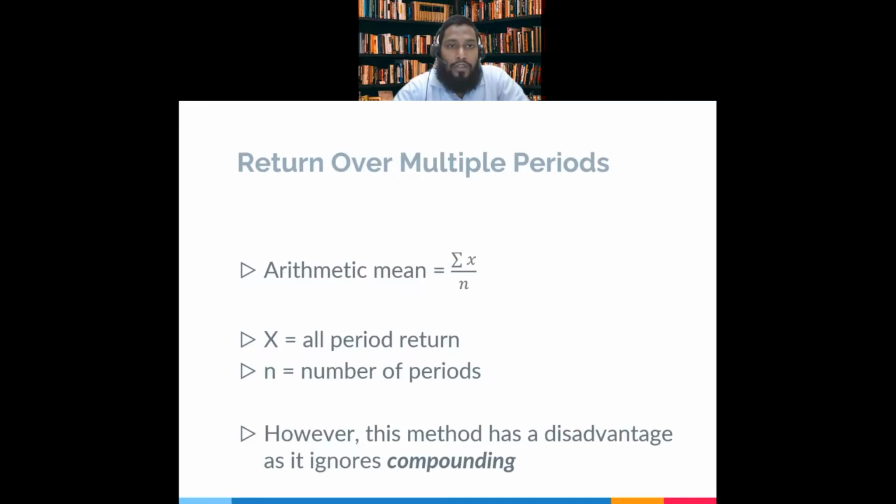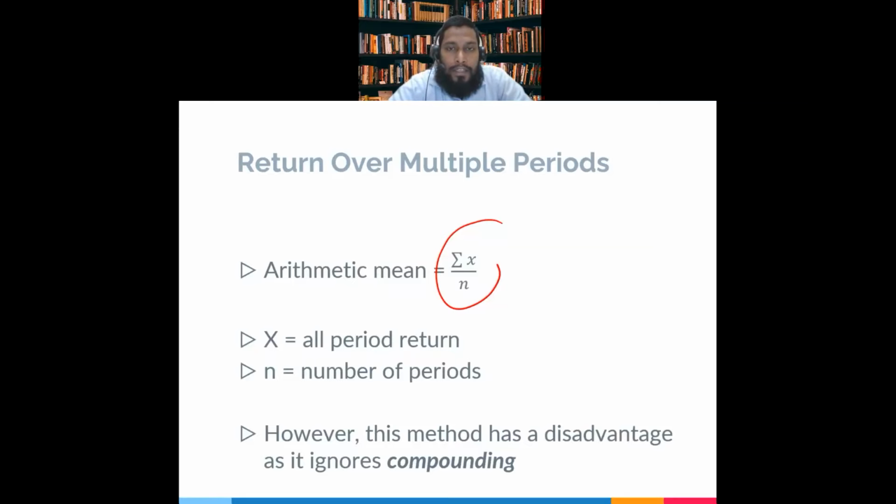However, if we want to know the return for multiple periods, for example, we hold it for a few years and want to know the return every year, then we need to use the arithmetic mean. This is the formula for the arithmetic mean. We sum up the x, which is all the period returns, and then divide by n, the number of periods.